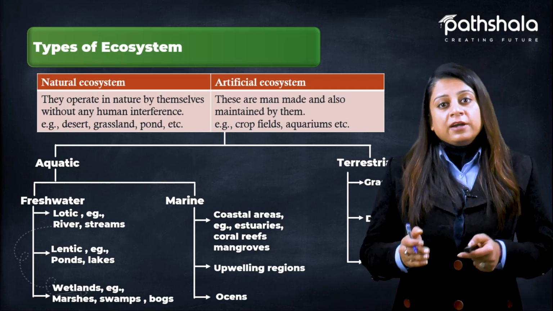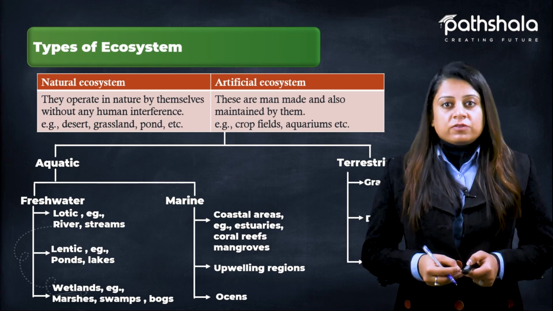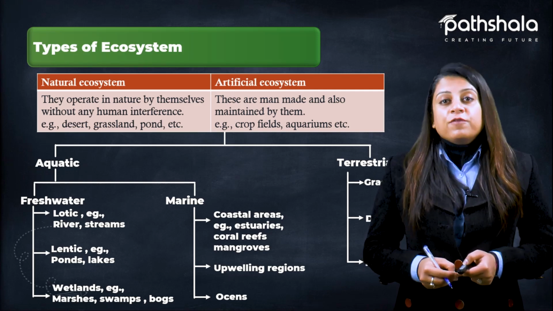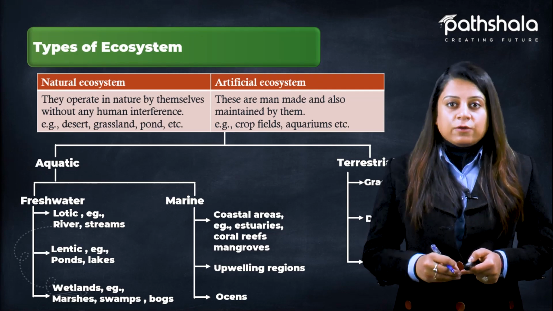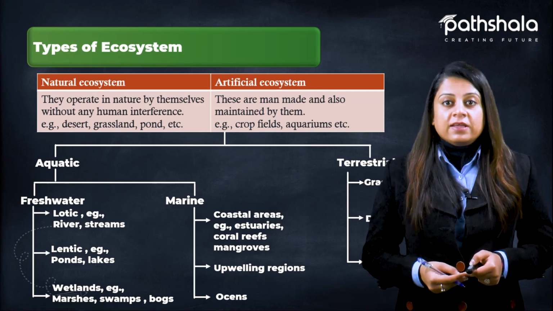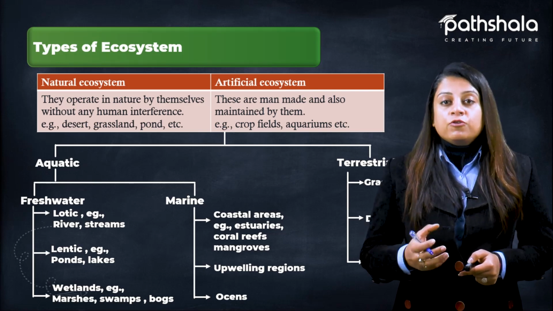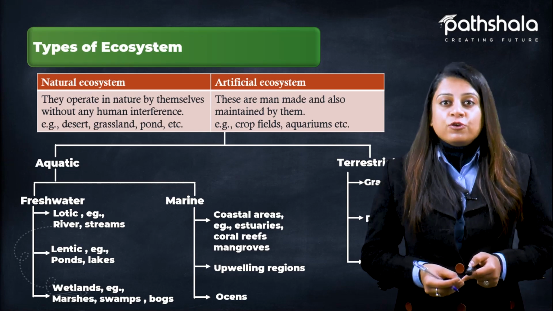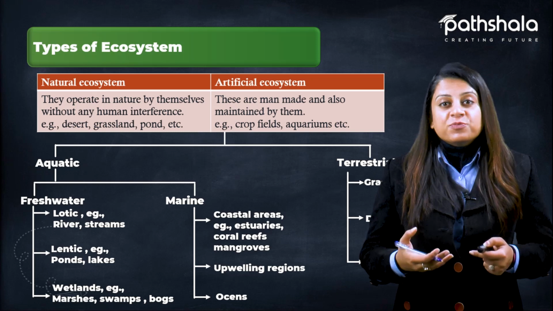और अगर हम artificial ecosystem की बात करें तो these are man-made ecosystems and also maintained by them. For example, an aquarium. When you set an aquarium at your home, you put water into that, water being a non-living component. Then you introduce certain water plants into them. You introduce living plants, that is the living component. You also introduce some stones into your aquarium to enhance its beauty.